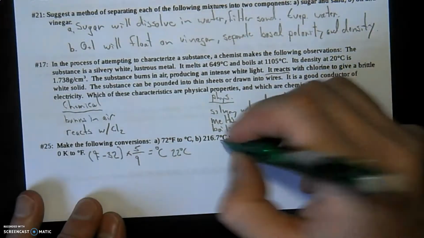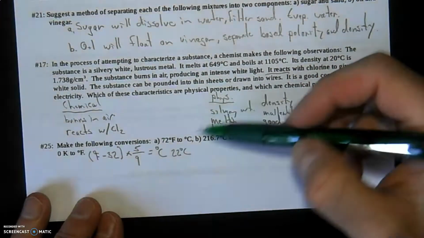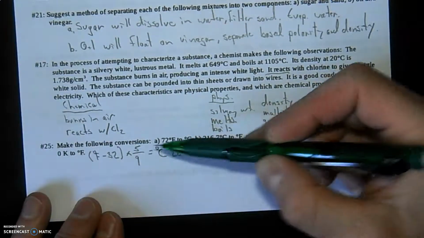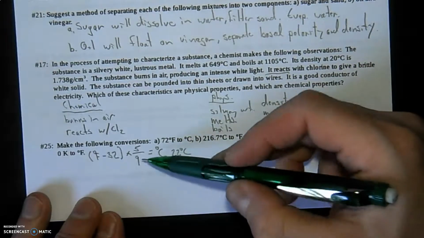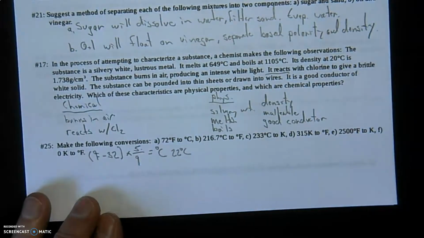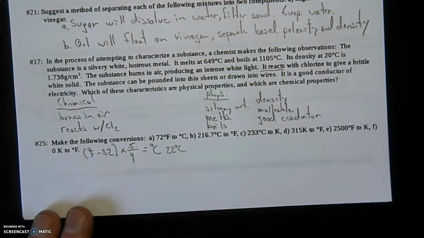Now doing the opposite one, if you're given 216.7 degrees Celsius, you have to turn it to Fahrenheit, you just have to flip it around. So what I would do for that one, starting with this number, is I would add the 32 degrees. Whoops, I just said that one wrong.